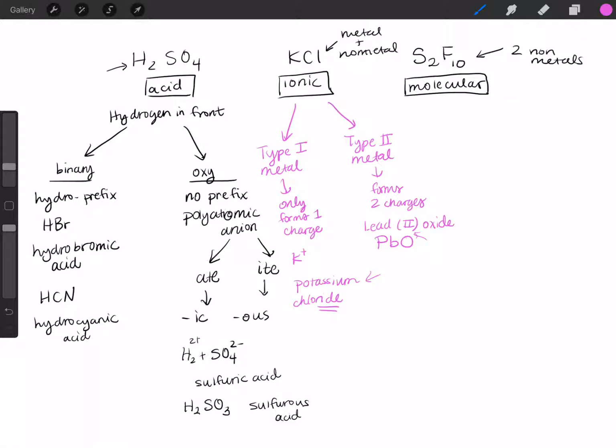Does that make sense? Luckily you are getting a periodic table which tells you which ions they form. You will not always get this table, just for today, and then you can keep it for your own purposes. Shall I move on? Is that good, Skylar? Cool.